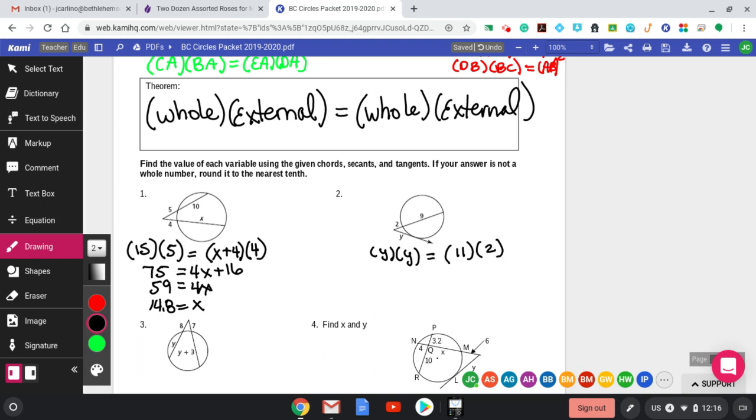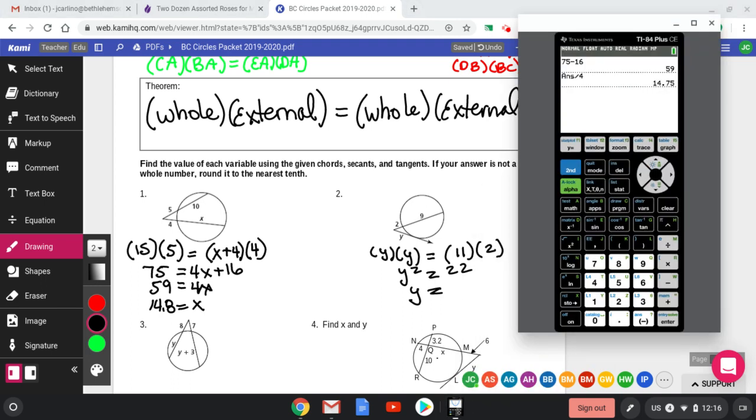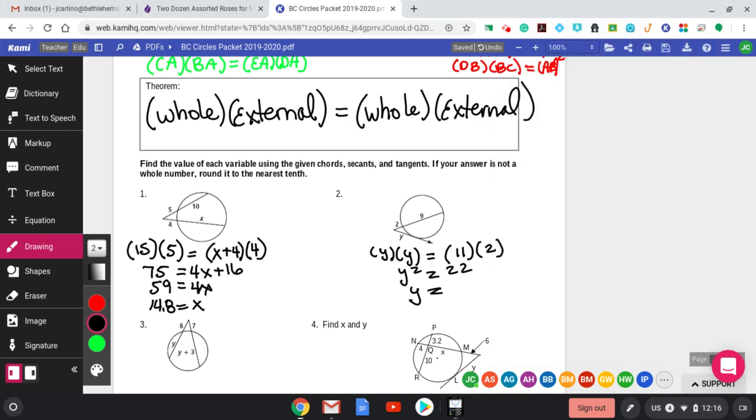That's for chords only. Tangents and secants, it's whole times external. So I got y squared equals 22. Take the square root of both sides. The square root of 22 is going to give me 4.7 rounded to the nearest tenth.